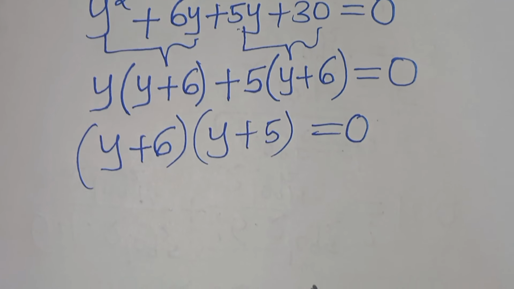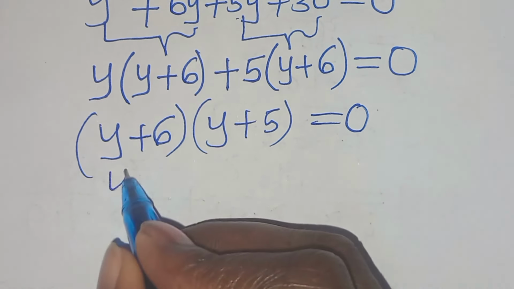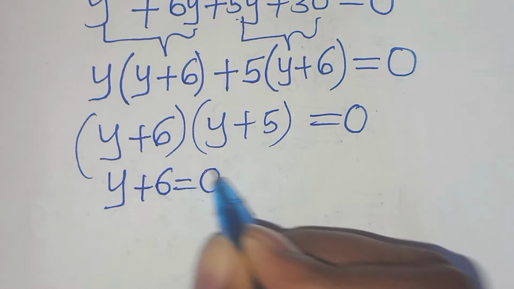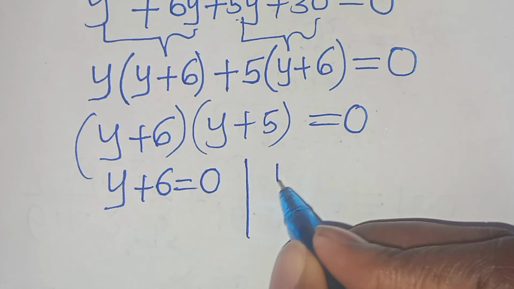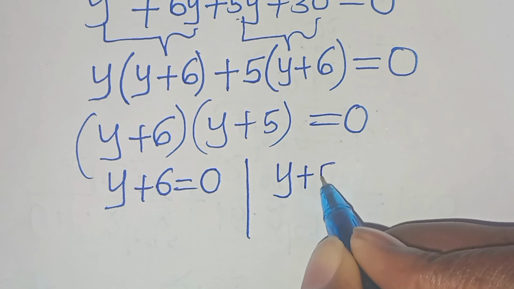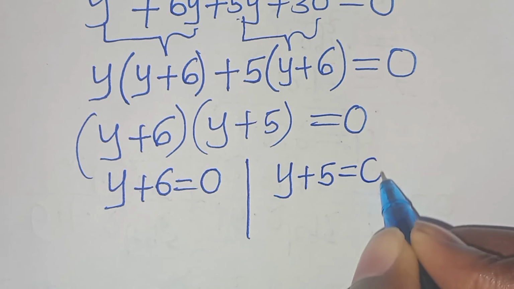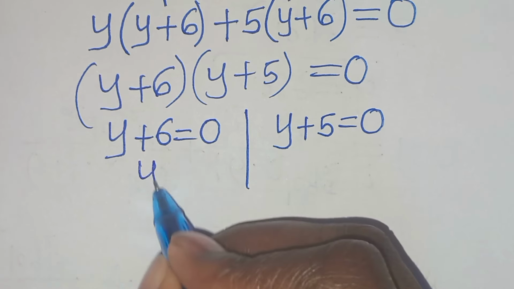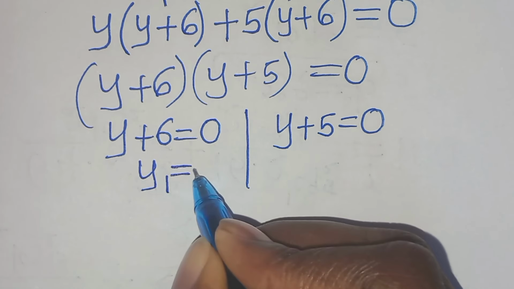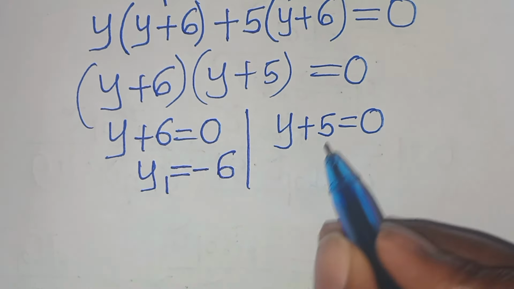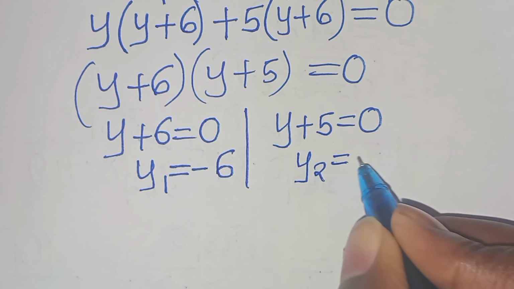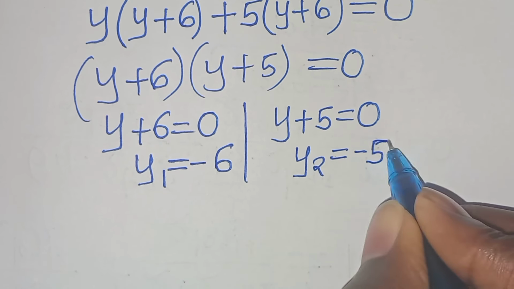So we have two parts: the first part is y plus 6 equal to 0, and the second part is y plus 5 equal to 0. This implies that y1 is equal to minus 6 and y2 is equal to minus 5.